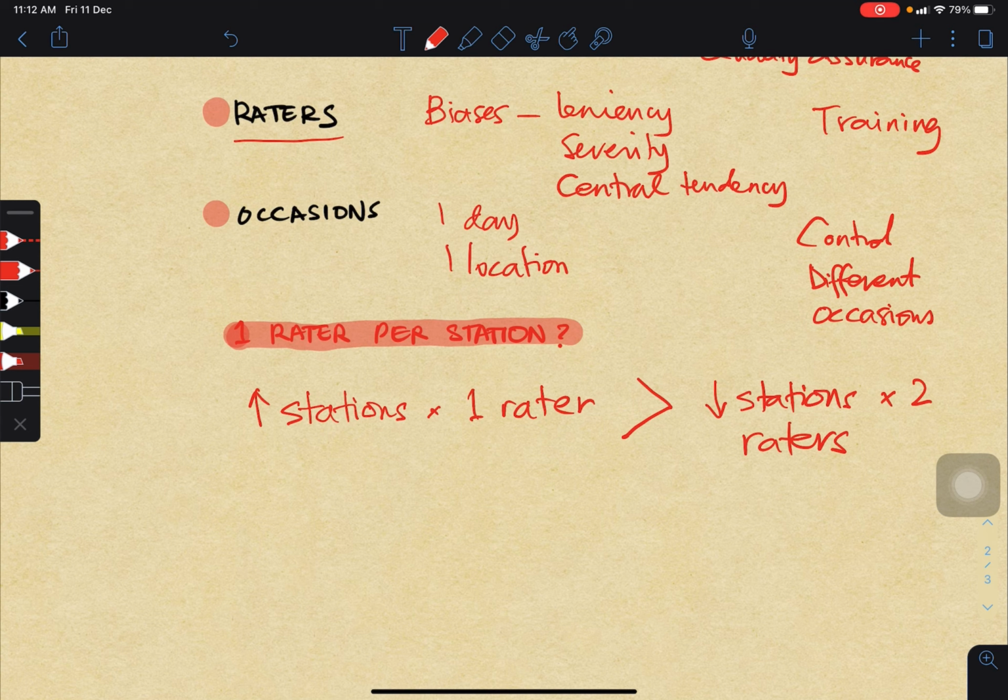That is why we go for more stations even though they have only 1 rater per station. So that's in a nutshell the discussion about the threats to validity in performance examination, especially in OSCEs.